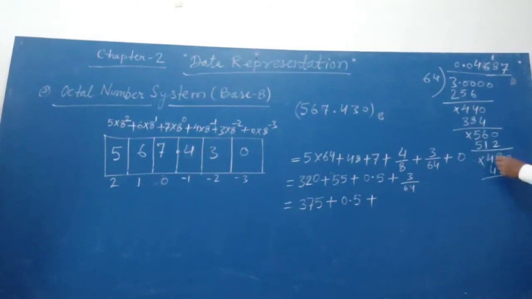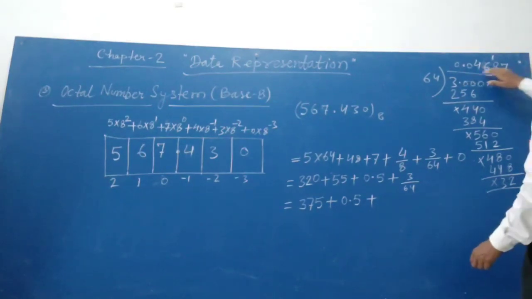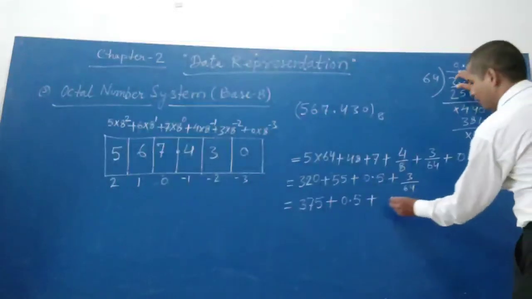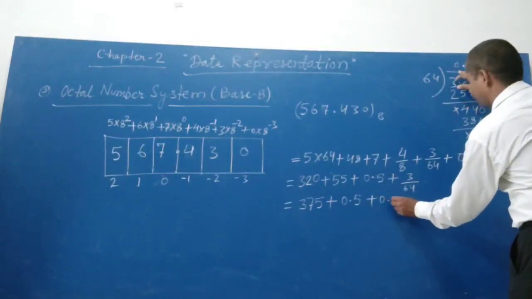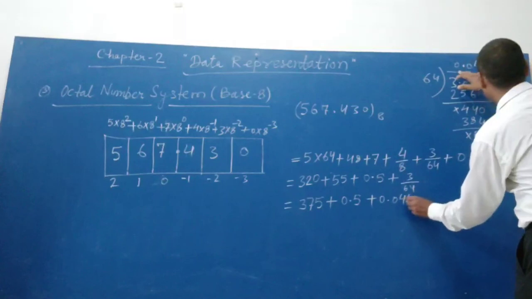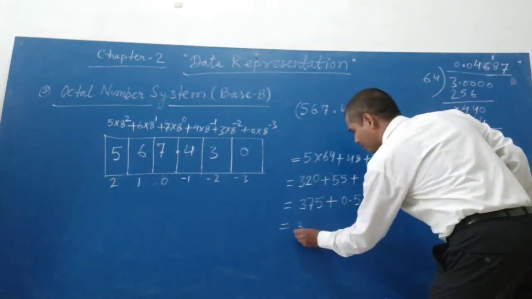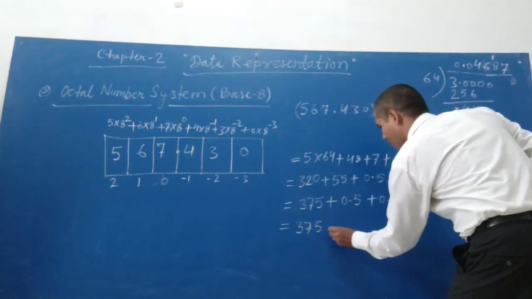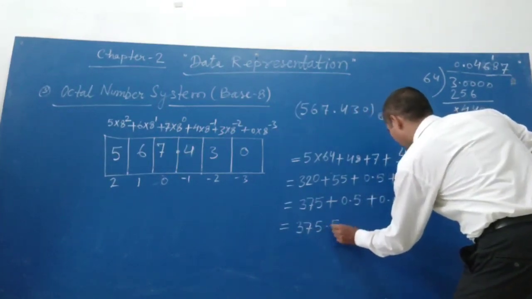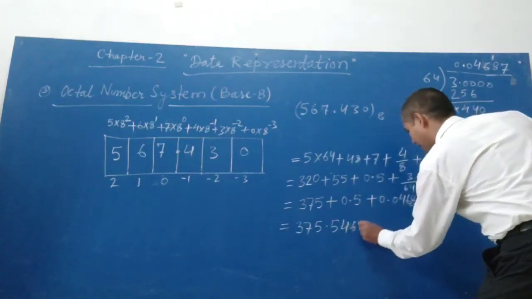So 10 minus 8 is 2, and 7 minus 4 is 3. This way you continue calculating. We calculated till 4 digits and put 0.04687, and finally the number is 375.54687.